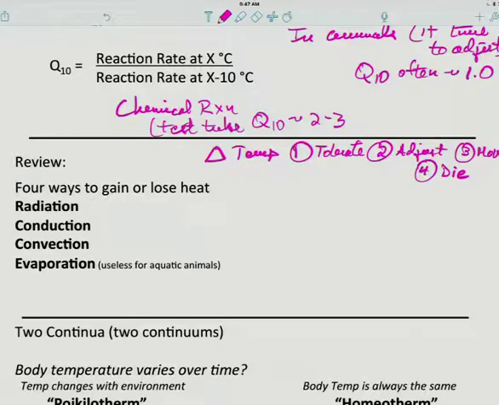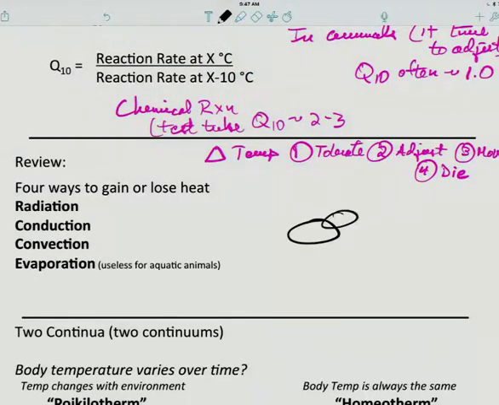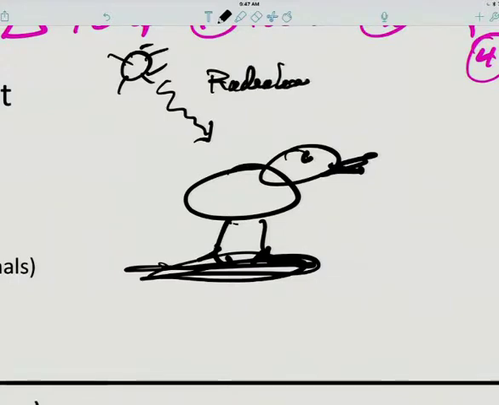Okay, how do you gain or lose heat? So I'm going to draw a bird standing on a branch. It's a bird, trust me. They can gain heat and they can lose heat by radiation.